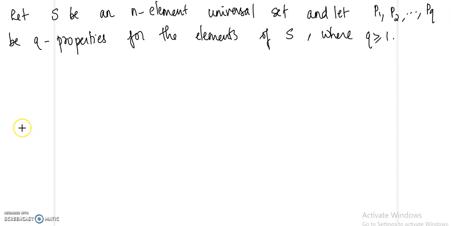Now when we take a property, it may be possessed by no element, because the empty set is a subset, so a property can correspond to it. It can be possessed by some of the elements, or by all of the elements. So that is the speciality of properties.